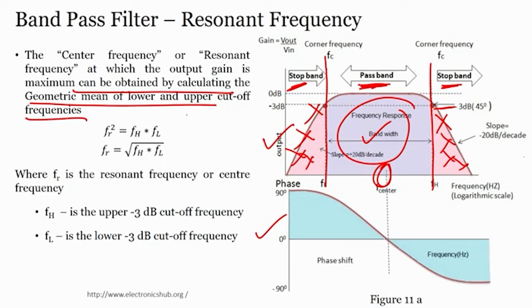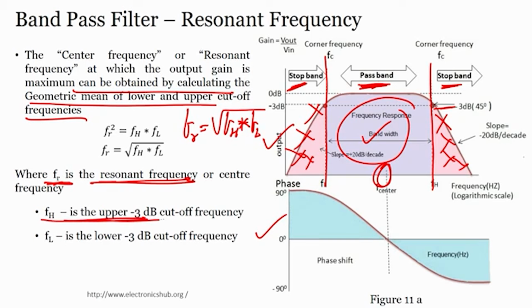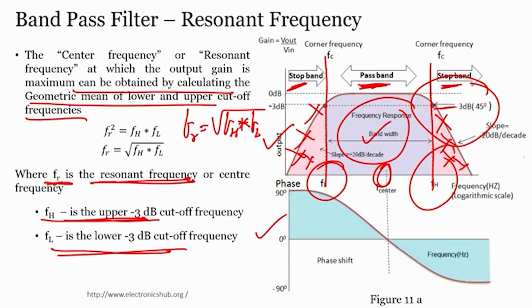That means that Fr equals the square root of Fh into Fl, where Fr is the resonant frequency, Fh is the upper minus 3 dB cutoff frequency, and Fl is the lower minus 3 dB cutoff frequency.